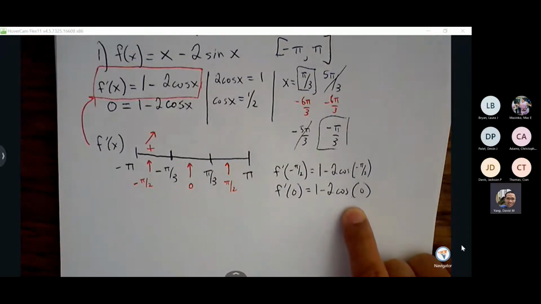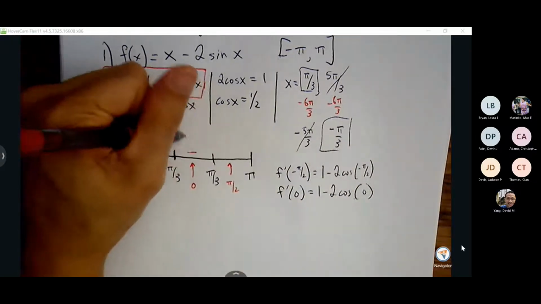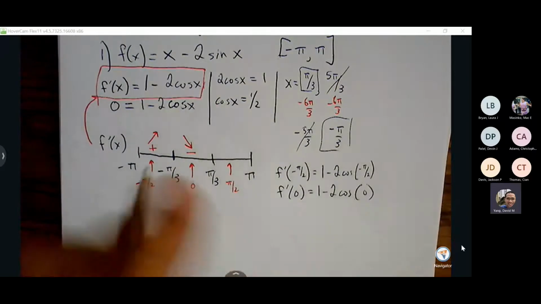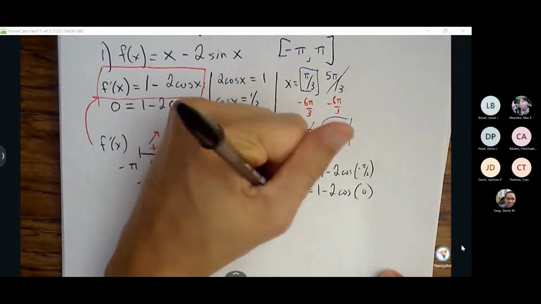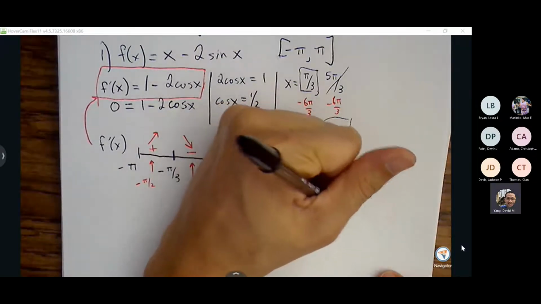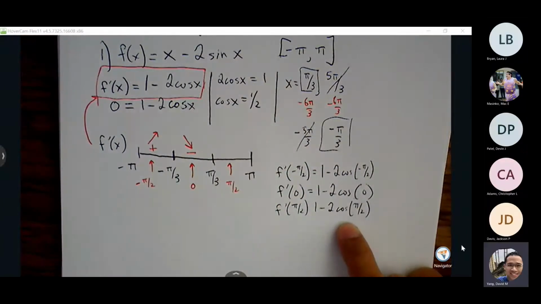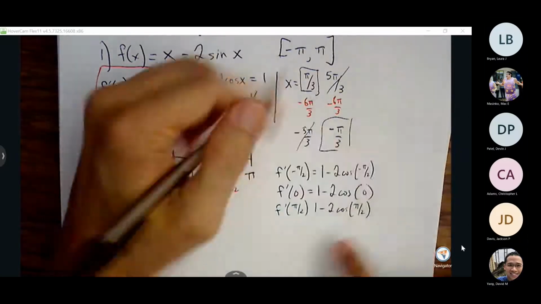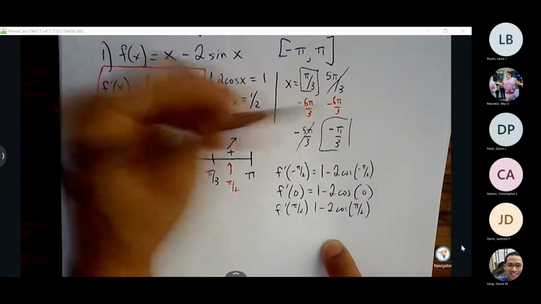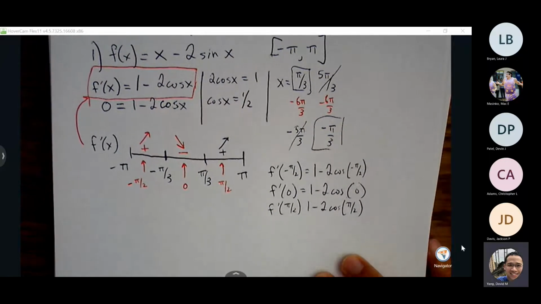Cosine of 0 is 1. 1 minus 2 is negative. Cosine pi over 2 is 0. 1 is positive. Okay, questions so far?